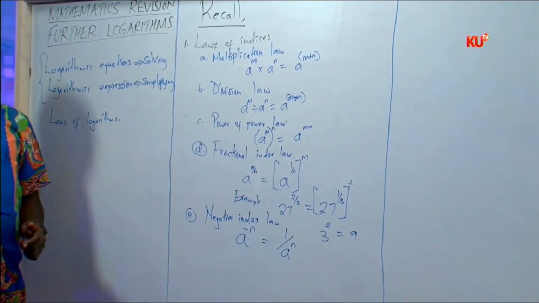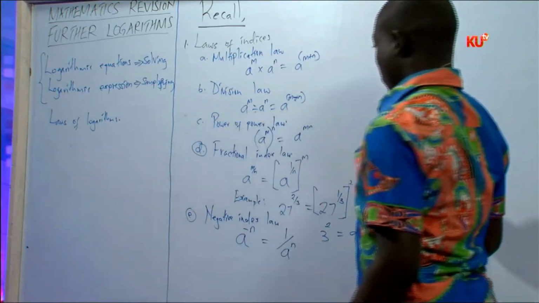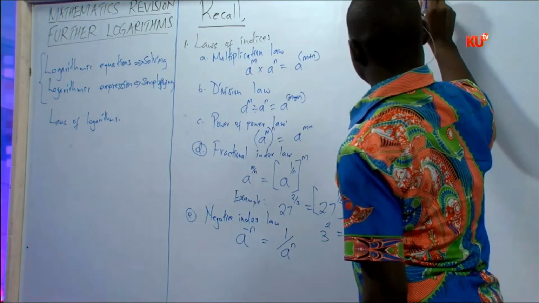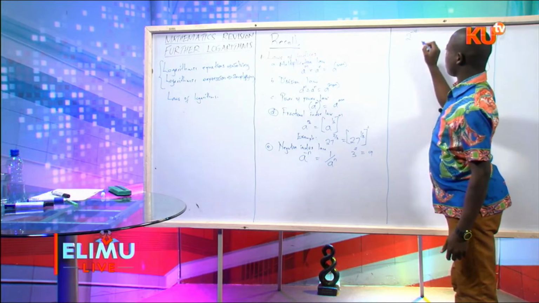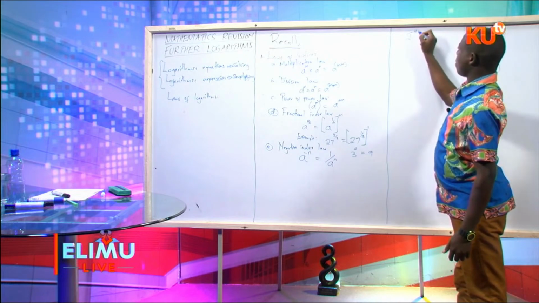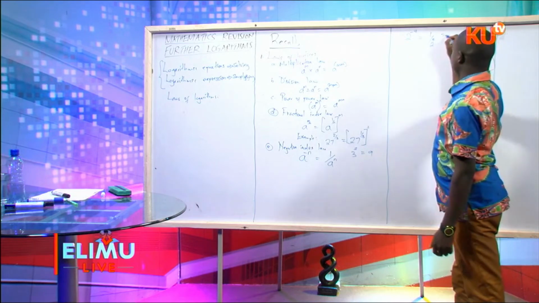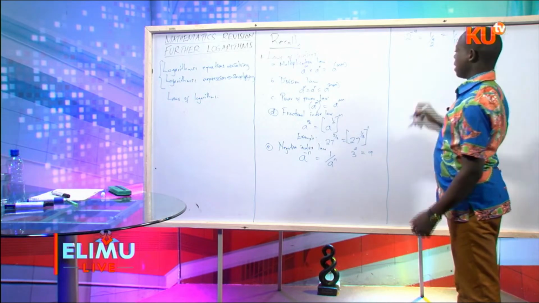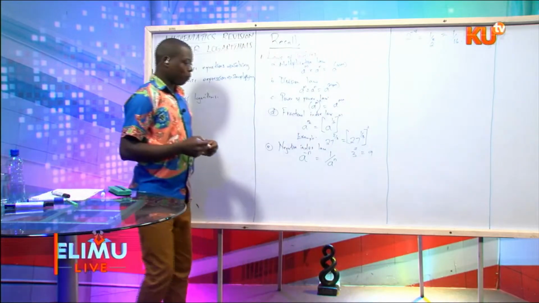The reciprocal here means simply 1 over the number. So when you have this, we have, for example, a case like 2 power negative 4. It implies 1 over 2 now to the positive power 4. And so we end up having 1 over 16. So that is called the negative index law.